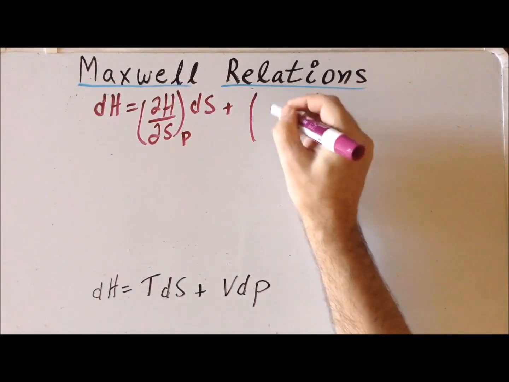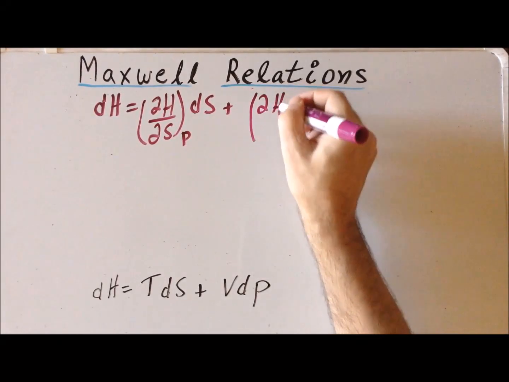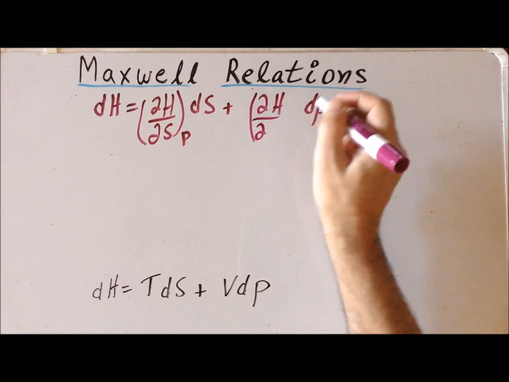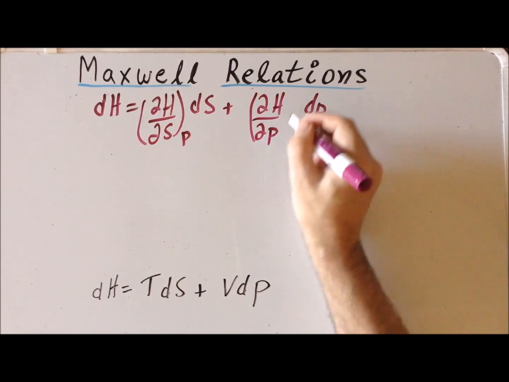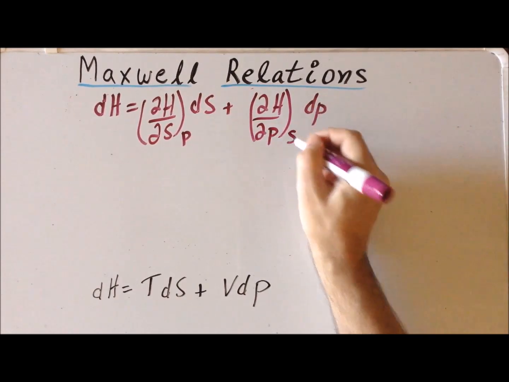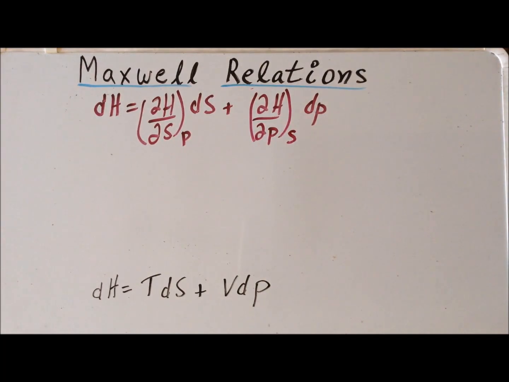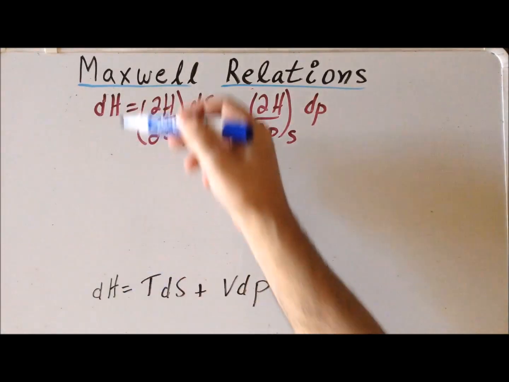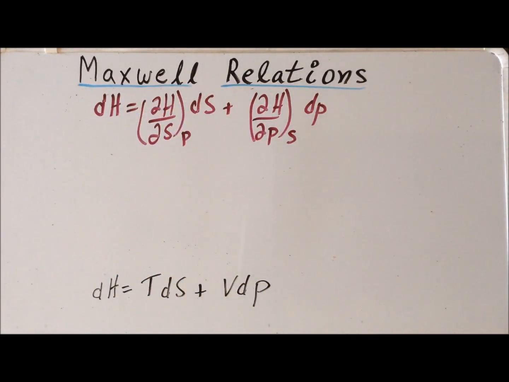And the coefficient here has to be the change in the enthalpy H as a function of the pressure at constant entropy. Again, effectively, we set the two expressions for dH equal to each other.